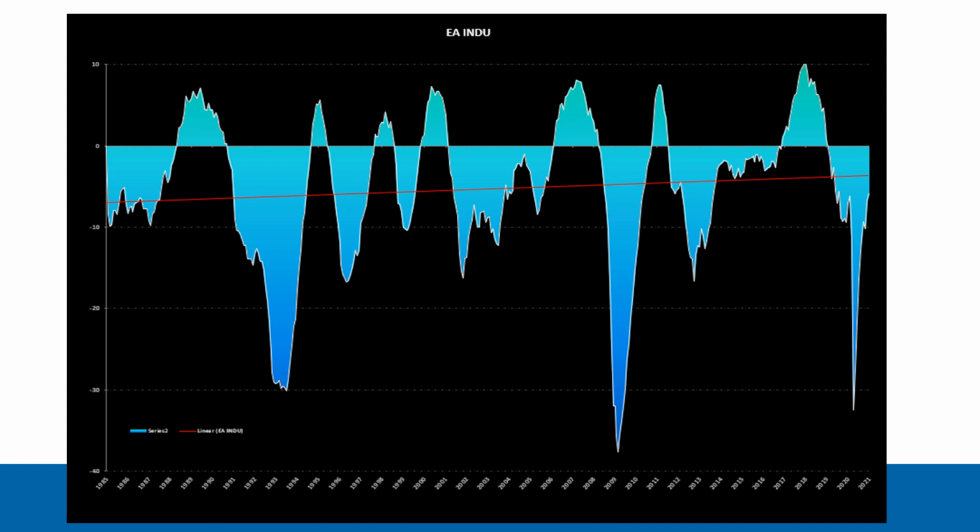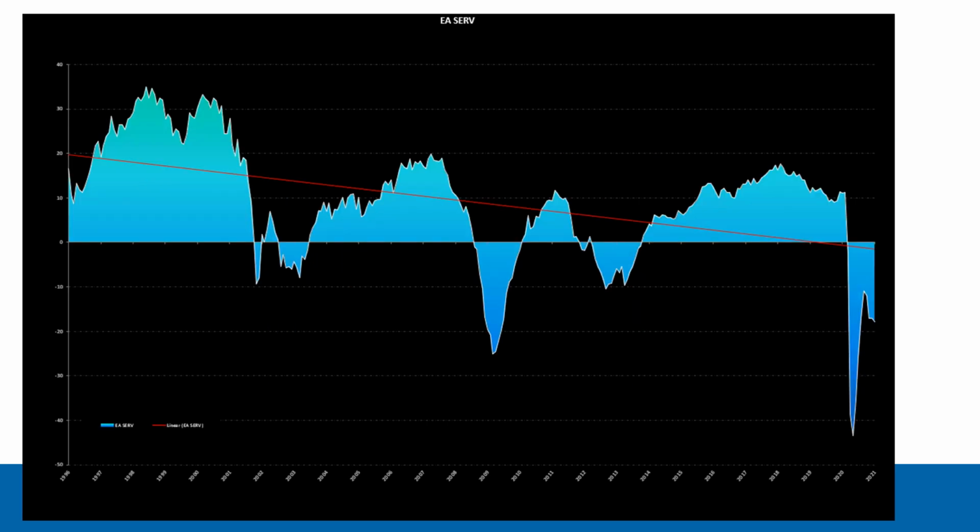We can see this type of data borne out in the service sector. So remember, this component is a 30% weighting in the index. And we can see that for the most part, services over the entire data set have been in the positive. However, the long-term average has been coming down the entire time from positive and even went negative in the late teens, so in 2019.